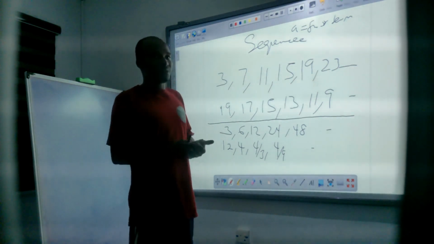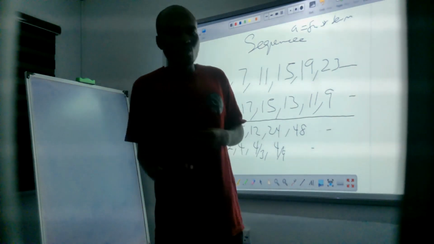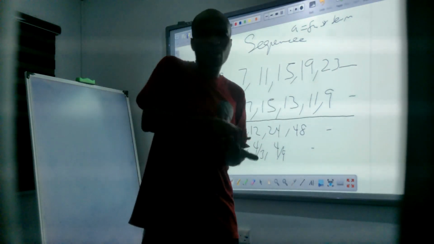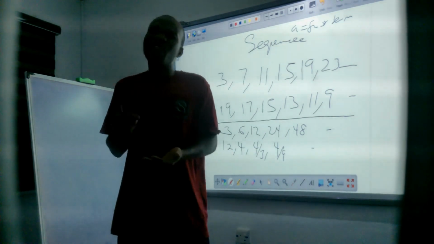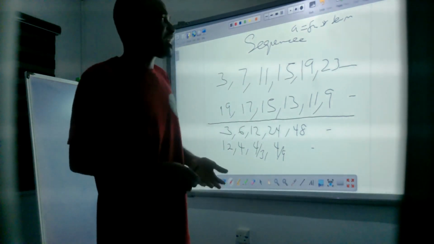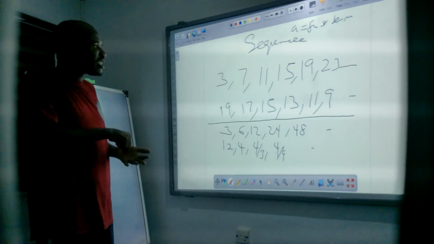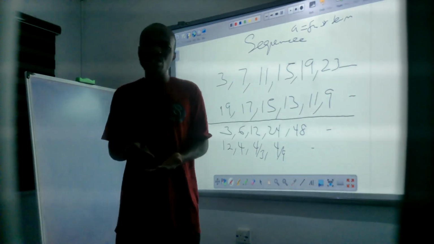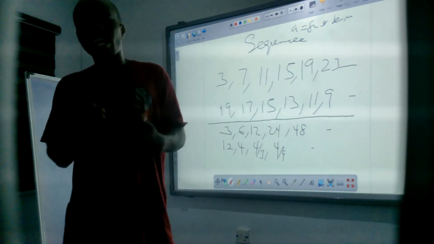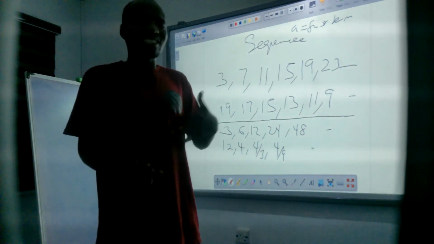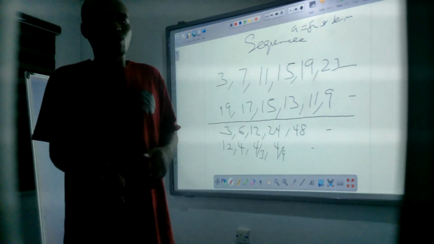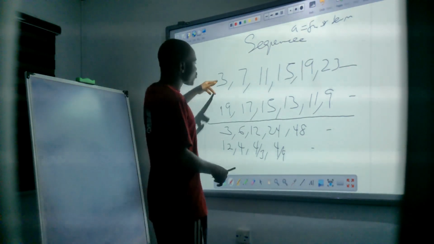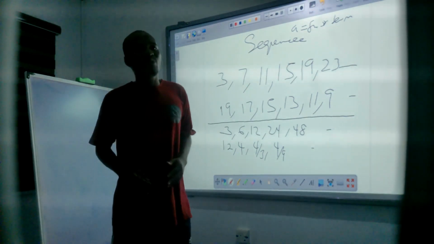Now, you see those constant numbers we are either adding or subtracting? We call this the common difference. Any sequence in which we are adding or subtracting a common constant, called the common difference, is called an arithmetic progression. In an arithmetic progression, we add or subtract a constant to every succeeding term.